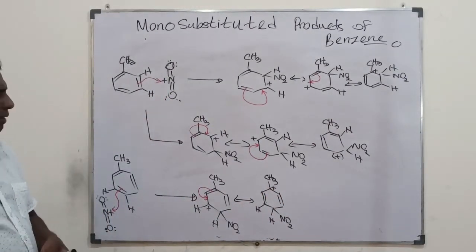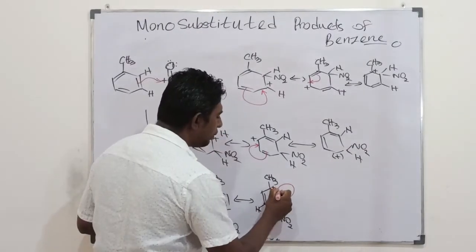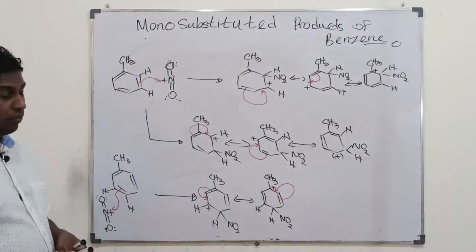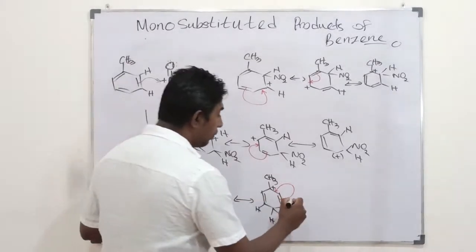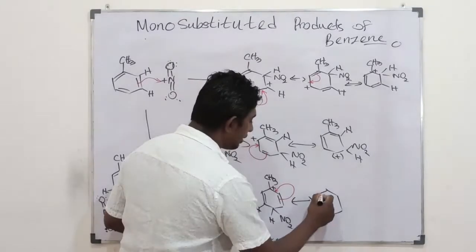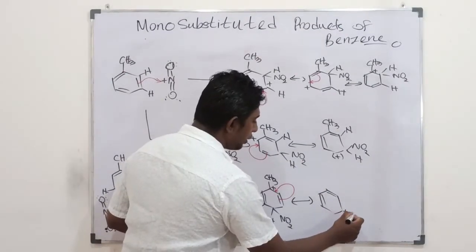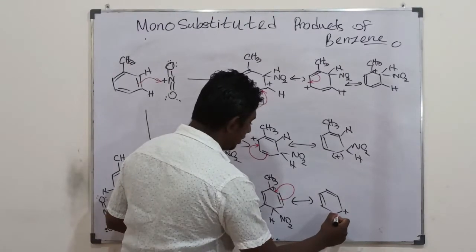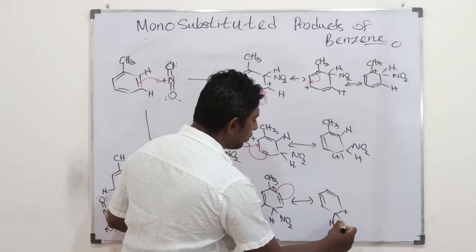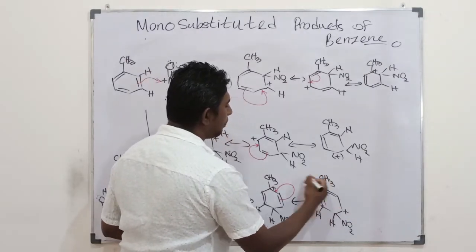The next time, it further resonates, breaking this pi bond here between the two carbons and forming a new one there. So you get another resonance structure, with a pi bond here and a positive charge here. Then it's H and NO2 still, H still, and the CH3.